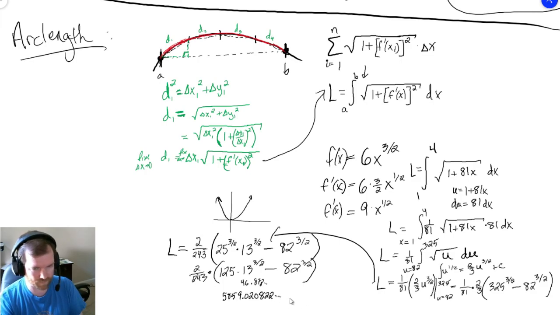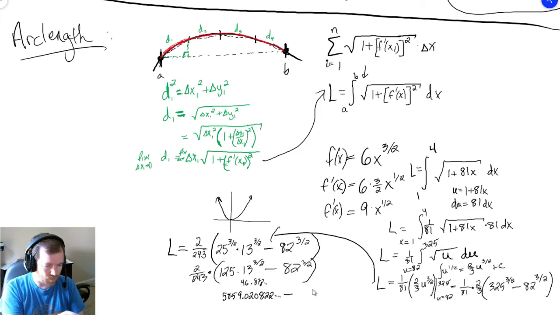Goes on from there. Minus, this is going to be, still up in memory, 82 raised to the 1.5 is going to be a 742, so make that negative and add memory.